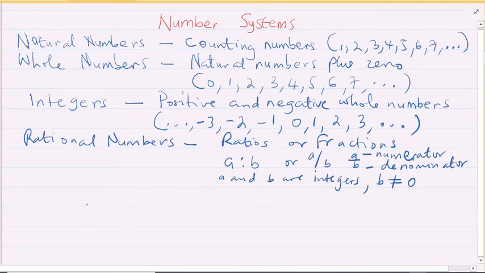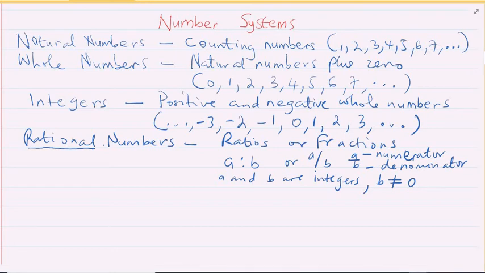So that is it for rational numbers. You can see from the word ratio, we now have rational. So any number you can express as a ratio or fraction, with the numerator and the denominator being integers, is your rational number.